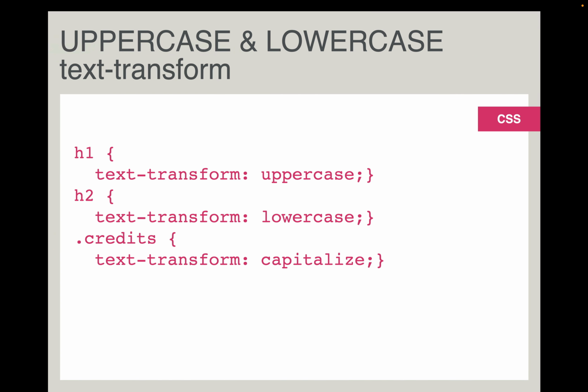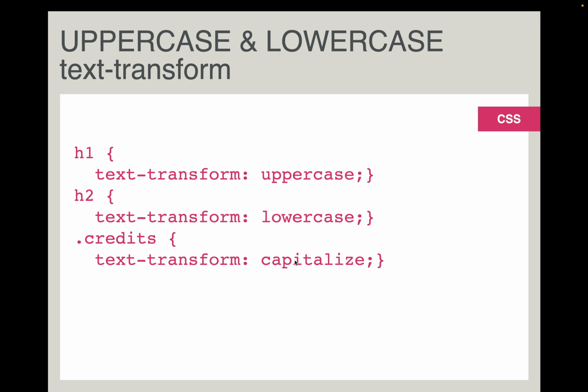What if you wanted to make sure that all of the H1s were in uppercase? Text transform is your tool in that case. So if you say text-transform uppercase, it'll make all the letters uppercase even if they weren't typed in uppercase. Likewise, you can make all the letters lowercase, even if that's not what was in the HTML.